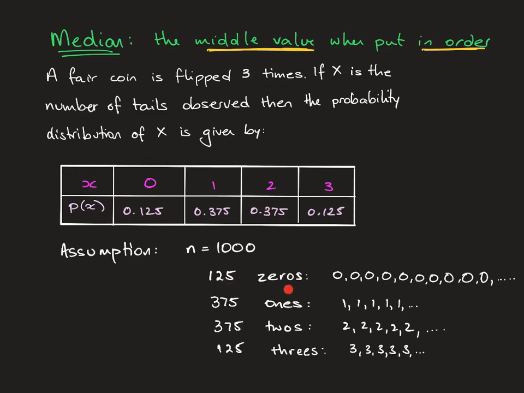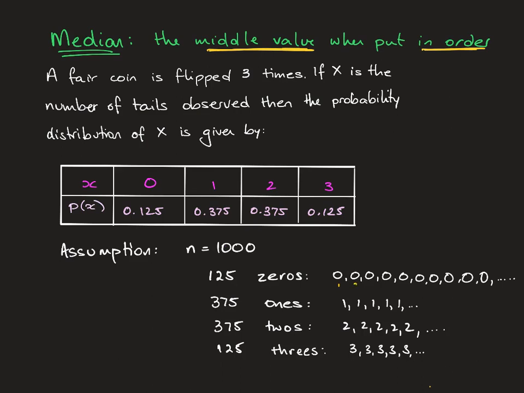So there'll be 125 zeros, there's the first 10 of them, 375 ones, there's the first 5 of them, 375 twos, and 125 threes. And so we have, if we continued these on to have the number that they are supposed to have, 1,000 of them all up, the numbers in order. And so what we're looking for is half of that 1,000, and half of our 1,000 is 500.